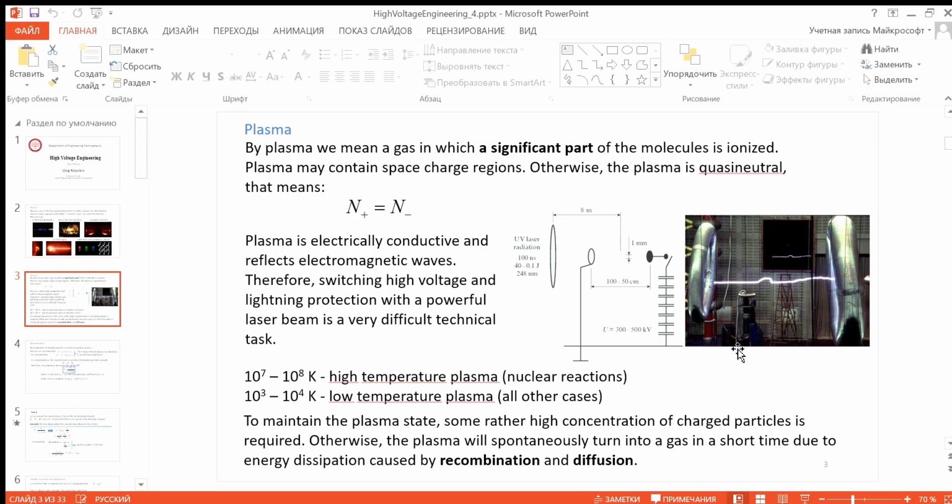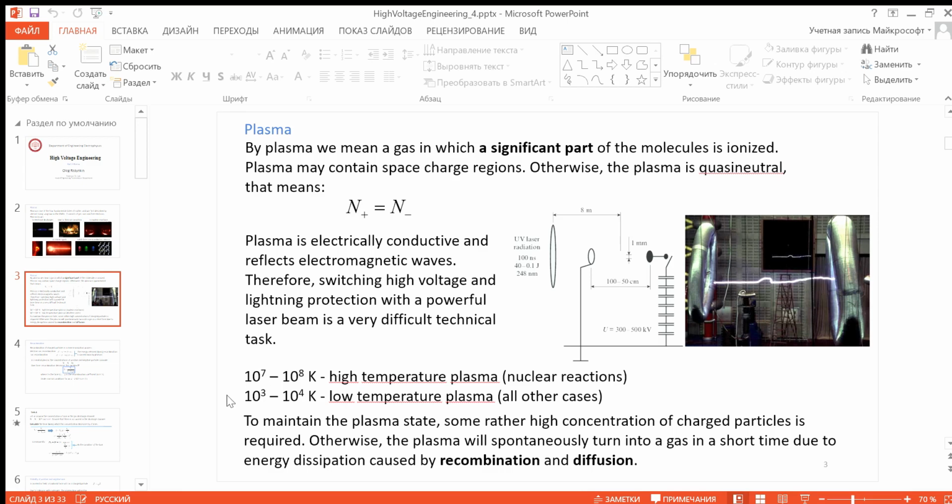Shown here are the temperature ranges of different types of plasma. So 10 power 7 to 10 power 8 Kelvin is high temperature plasma. It may be produced only at nuclear reactions.